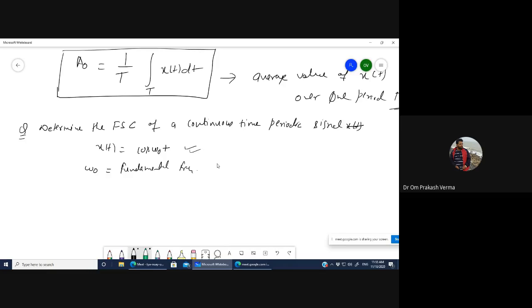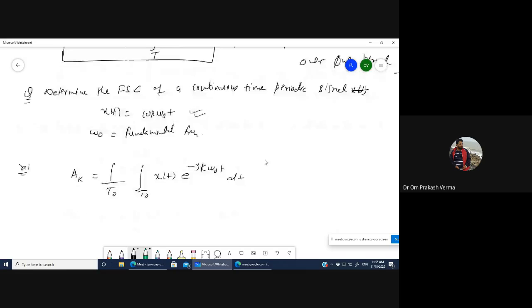As we know, a_k is one by T naught, over T naught. One approach is to just integrate by this equation and we will find a_k. Another approach is very simple.